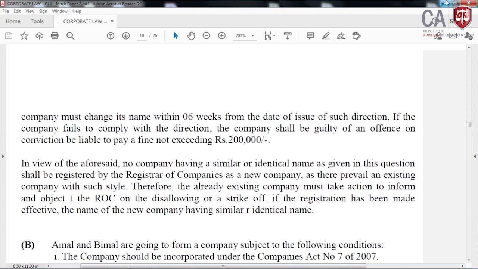If the registration has been made effective, then the name of the new company having a similar identical name must be changed. So this is how I come to the conclusion of the answer, and you are also required, after clarifying the status of the legal situation, to arrive at your conclusion of how you hold the question posed in your answer by giving the finality.